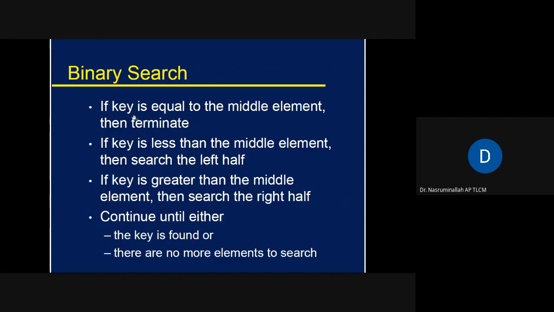However, if the key is less than the middle element, it means that whatever you are searching for won't be after the middle element, because we already know the data is in sorted form. If the middle element is greater than the key, it means the key will exist only on the left side of the middle element.